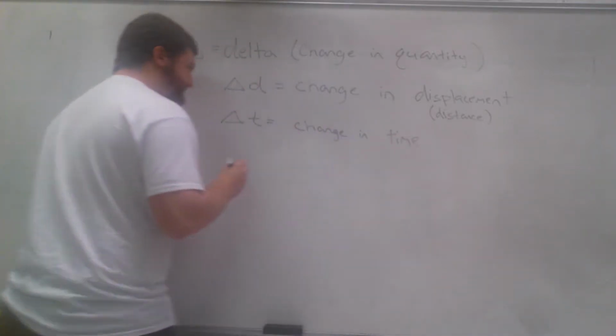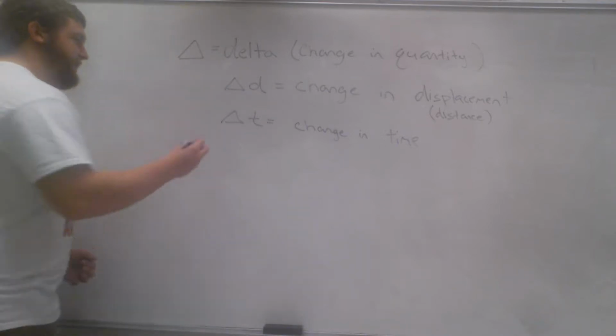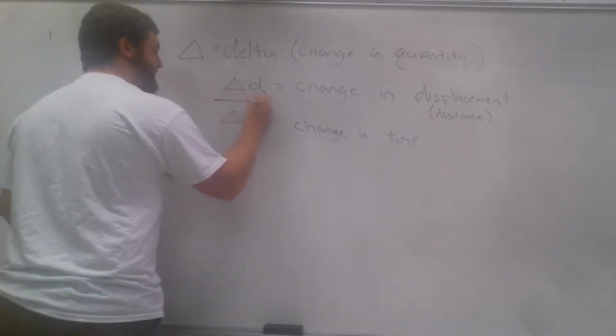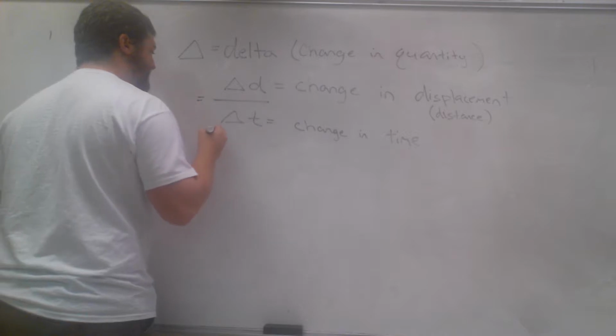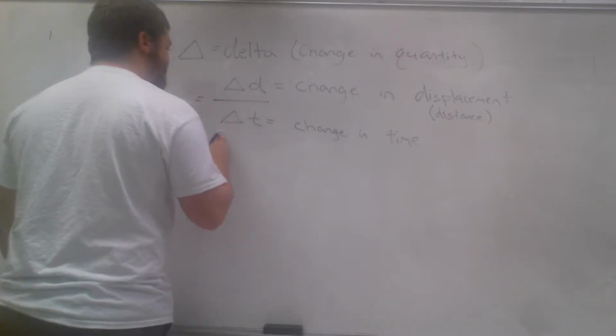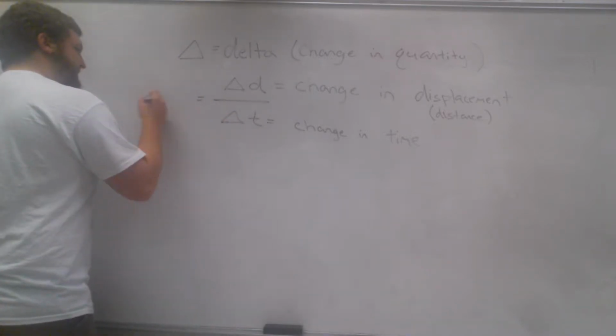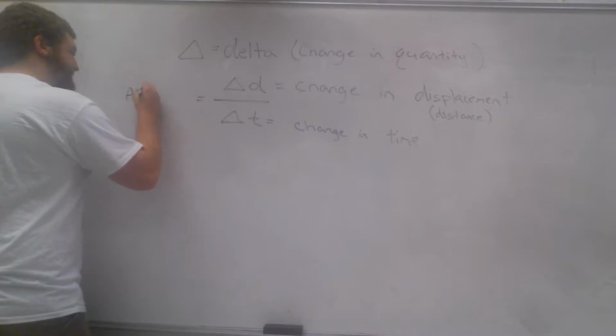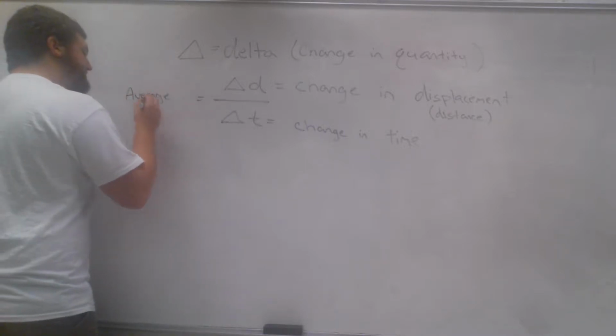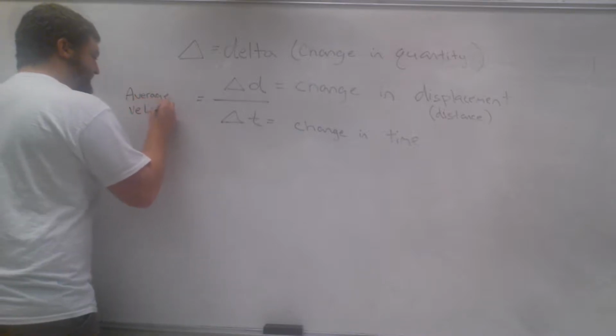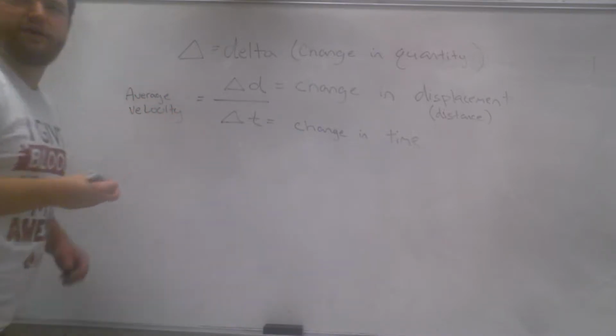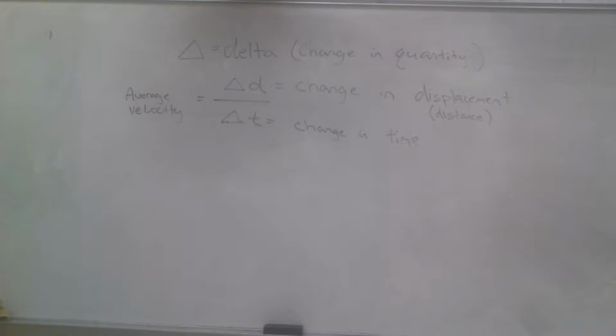Now, we just wrote the formula for velocity. Now, it's not just velocity, okay? This is average velocity. This formula is average velocity. Okay. Let's write that down.